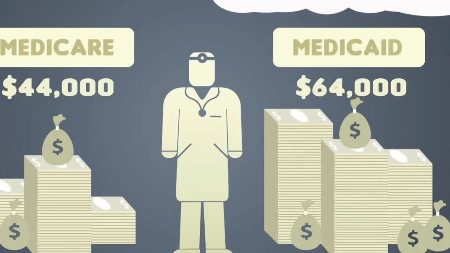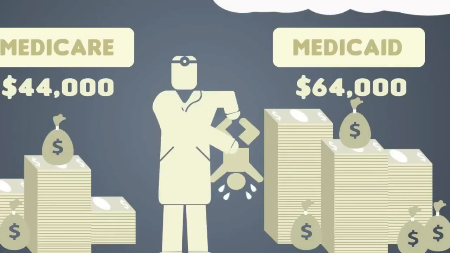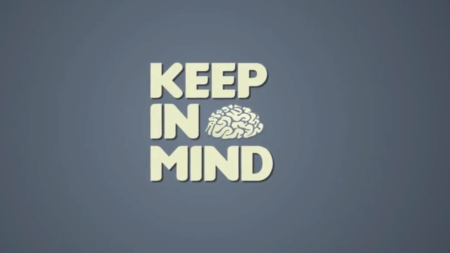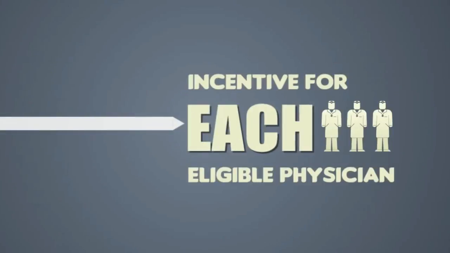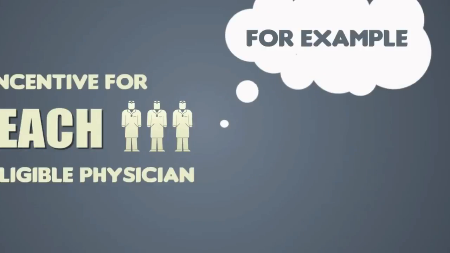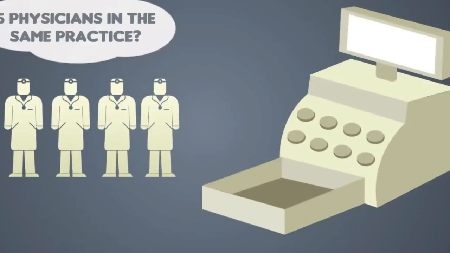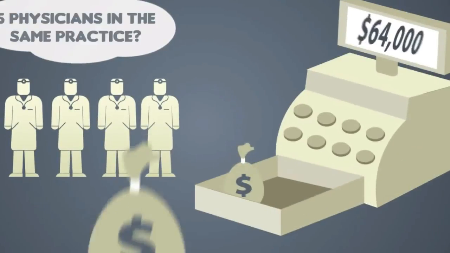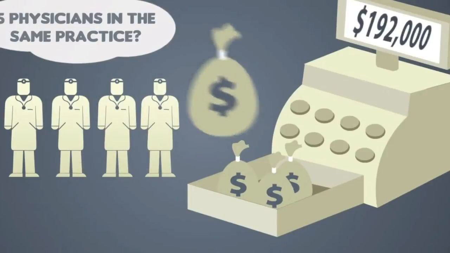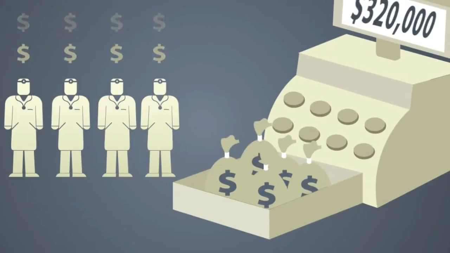That number is reduced to 20% if you're a pediatrician. Keep in mind, this incentive is for each eligible provider within a practice. For example, have 5 providers on the Medicaid program, and your practice can receive up to $320,000 in incentive funds.